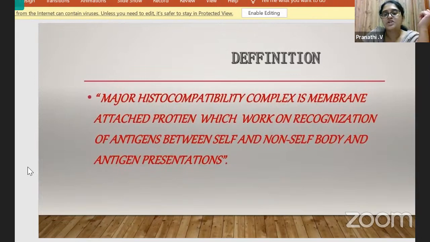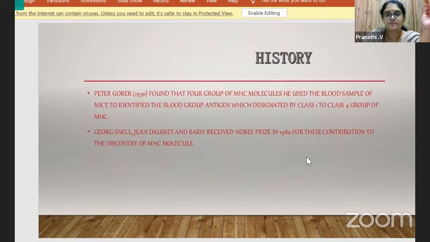It is a membrane-attached protein that works on recognition of antigens as non-self or self and on antigen presentation. A brief history is also given. Samples were used to identify the blood group antigens so as to designate the different kinds of groups, wherein they are antigen presenting cells.